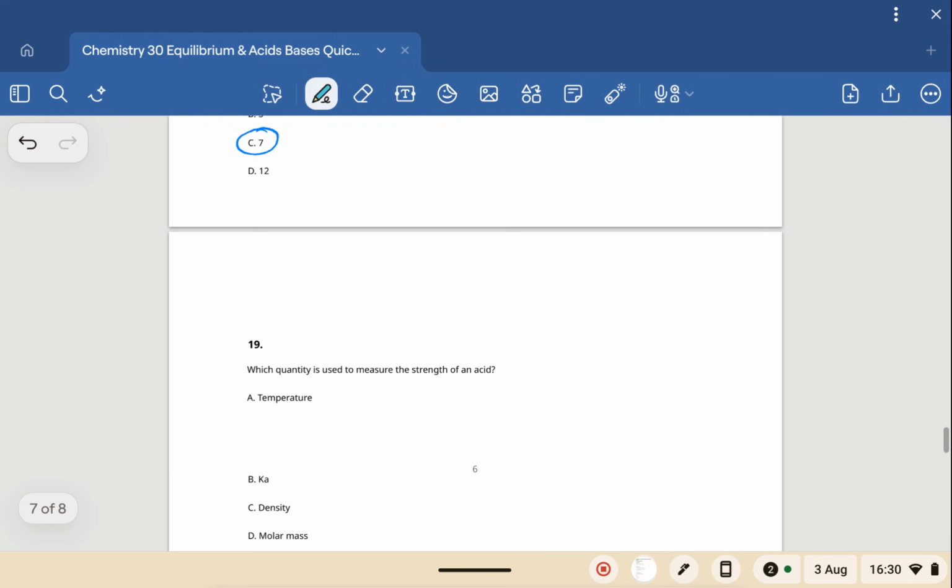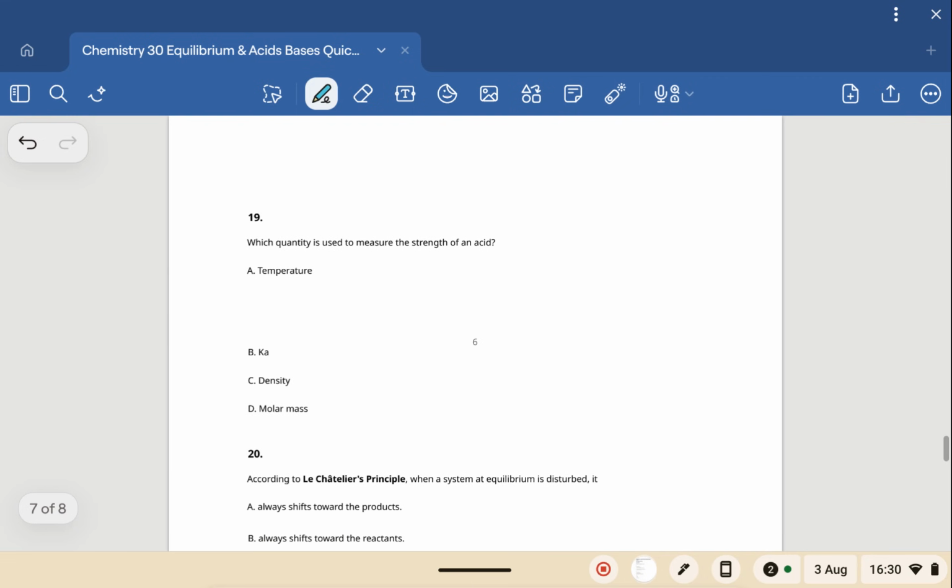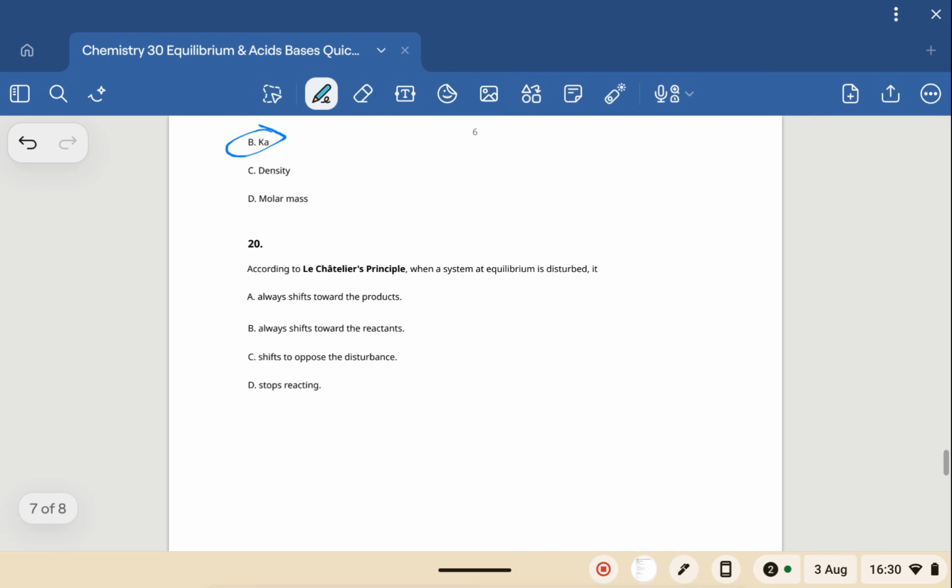Number 19, again, I'm not sure why the formatting is doing this, but which quantity is used to measure the strength of an acid? Hopefully here we know right away that is Ka, and the higher the value of Ka, the stronger your acid is.